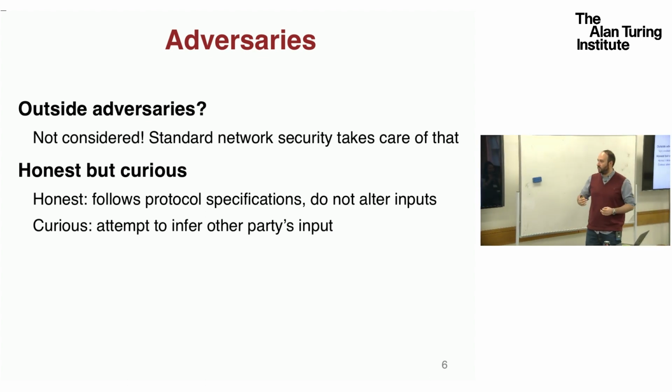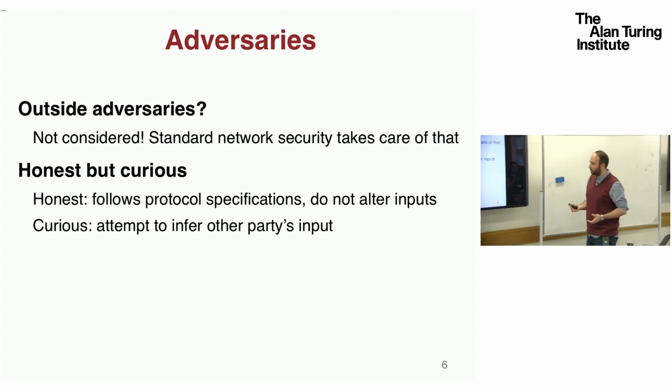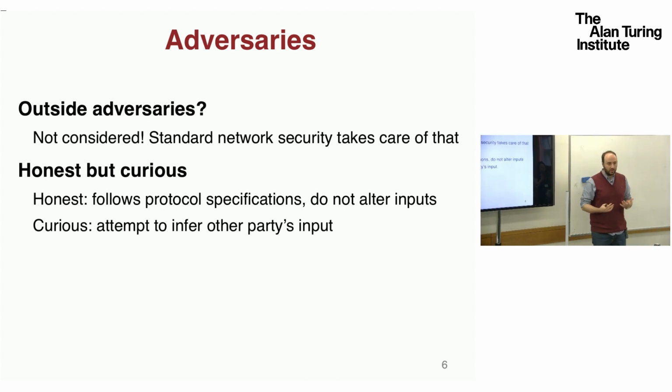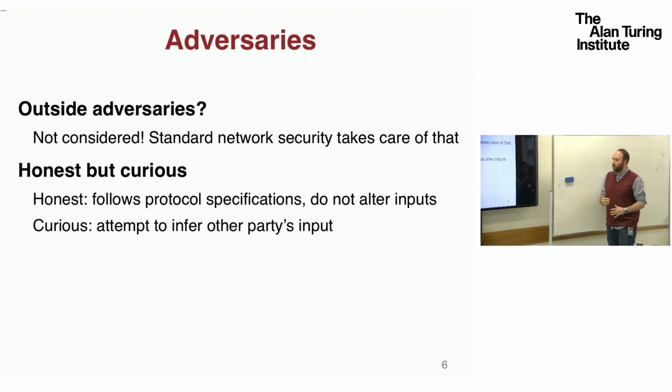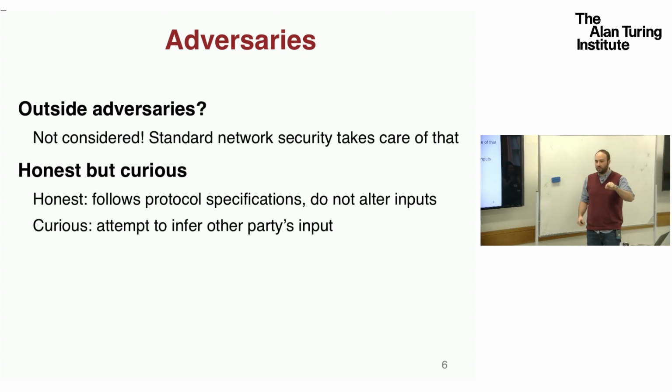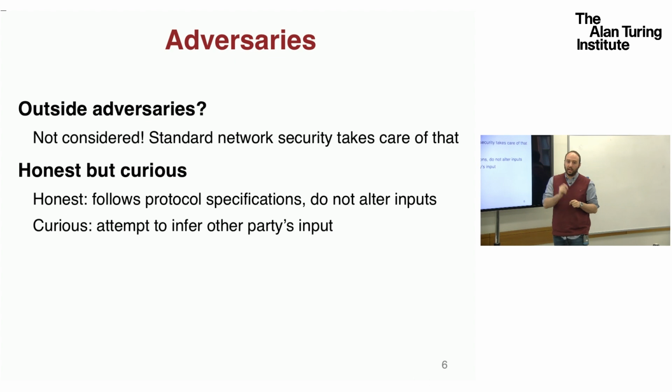One is to consider them to be honest but curious, or semi-honest. These two terms mean the exact same thing. So why honest but curious? They're honest in that they follow the protocol specifications. So if you have a secure computation protocol that tells Alice to do computation 1, 2, and 3, Alice is going to do exactly that. Okay? And she will not alter her input.